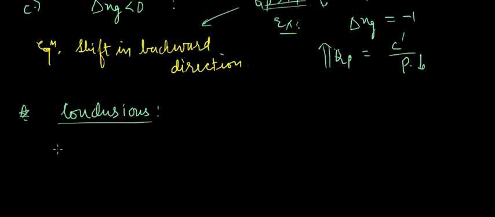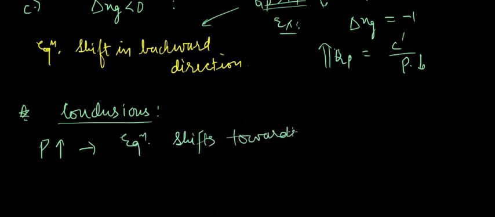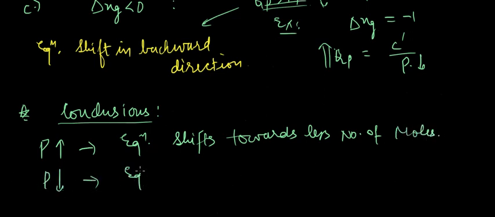So if pressure increases, equilibrium shifts towards lesser number of moles, and when pressure decreases, equilibrium shifts towards more number of moles.